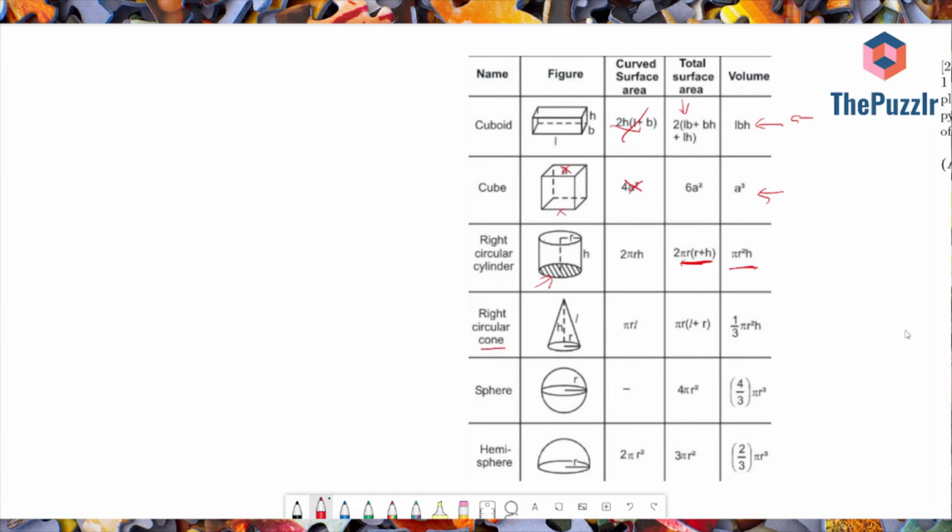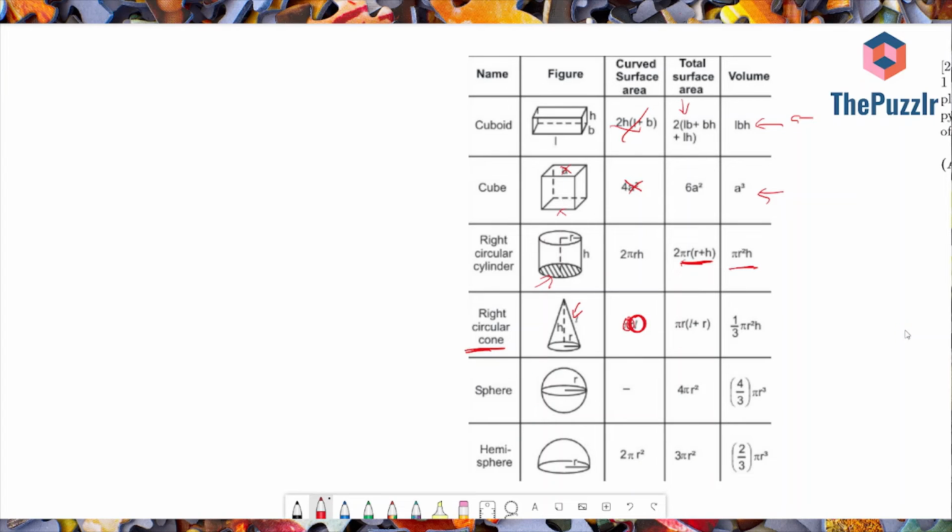For a right circular cone, and you'll see these problems a lot on the AMC 10 because they like testing whether you know this, the curved surface area is equal to pi r L, where L is the slant height of the cone.